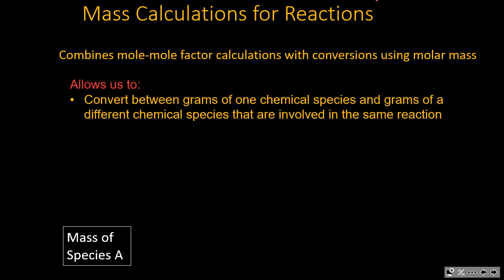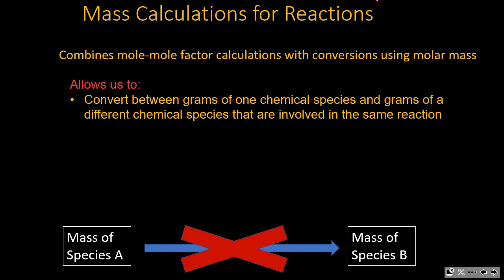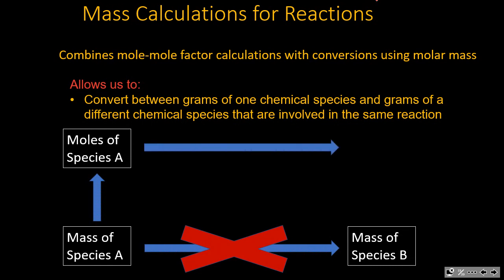So you've got the mass of species A, and you want to get to the mass of species B. You cannot do that directly. Just like Kayla said, you have to convert it first to moles of species A. Then it's fine to use your equation to convert to moles of species B, and then you can convert back to mass.